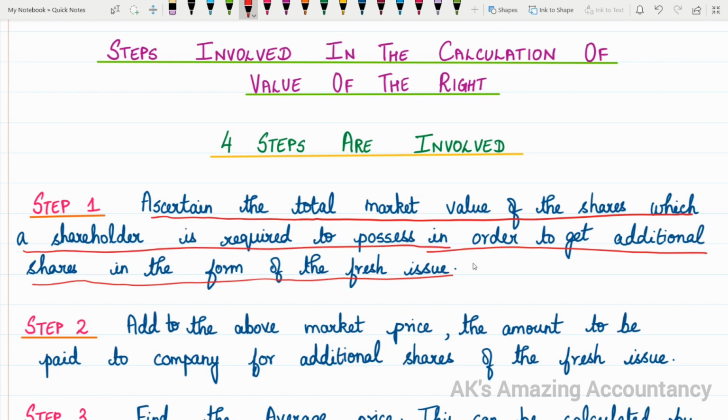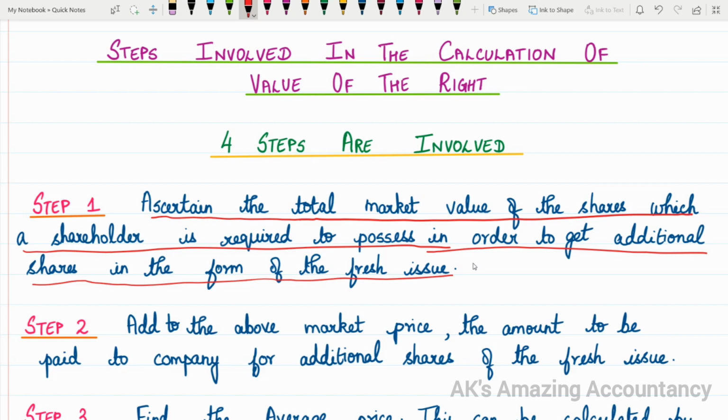For example, if it is given that for every 3 existing shares, one right share will be issued, you have to find out the total market value of these 3 existing shares. So finding out the market value of the shares which a shareholder is required to possess in order to get the additional shares in the form of right shares, that is step 1.